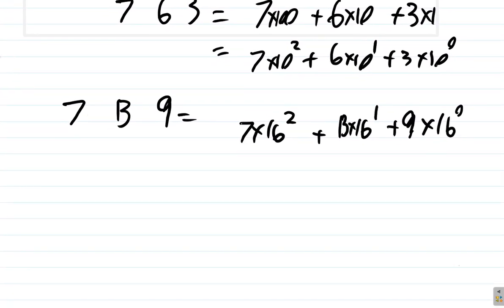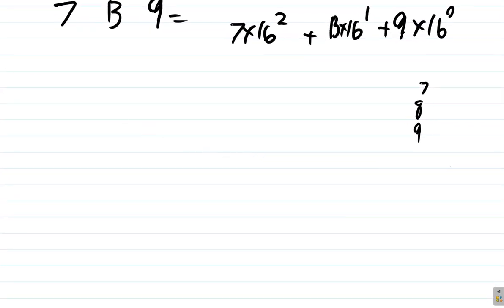Now, the question is, which number is B? Remember, when we're counting in hexadecimal, we count up. For example, when we reach 7, we go to 8, 9. Now, when we run out of digits to use, we start using letters.